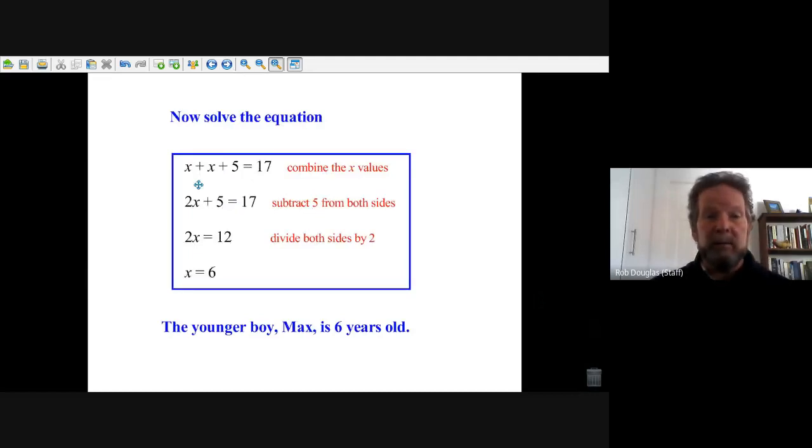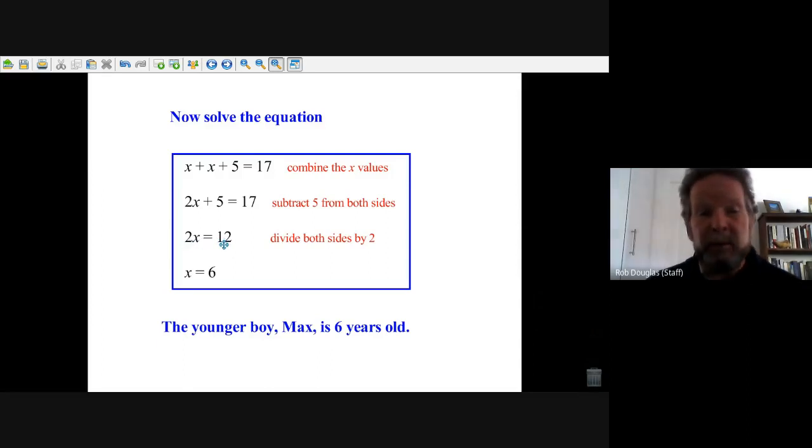Okay, the next part, once we've got the equation, we've got to solve the equation. So all we do is put the x's together. x plus x is 2x, and we've got 2x plus 5 equals 17. I think we've been working with equations like this. If we subtract 5 from both sides, 5 minus 5 is 0, 17 minus 5 is 12. Now we've got 2x equals 12.